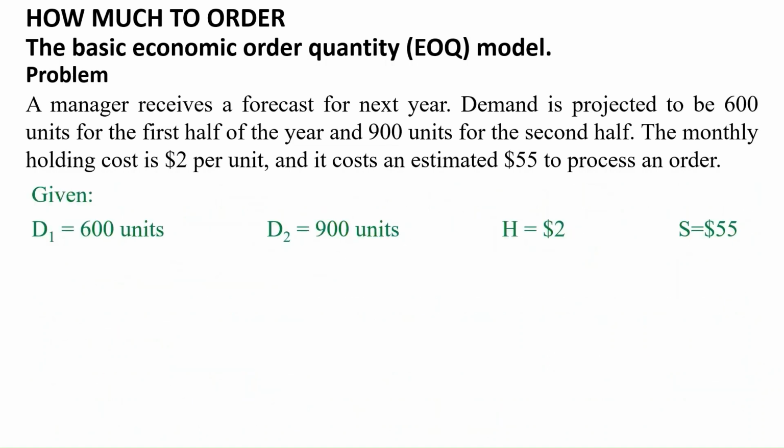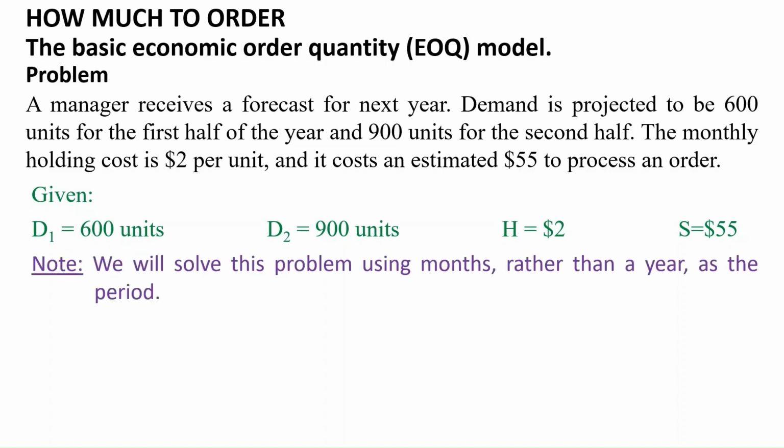The given are: demand is projected for the first half of the year to be D1 equals 600 units and for the second half D2 equals 900 units. The monthly holding cost is H equals $2 per unit per month, and the order cost S equals $55 per order. Note, we will solve this problem using months, rather than a year, as the period.